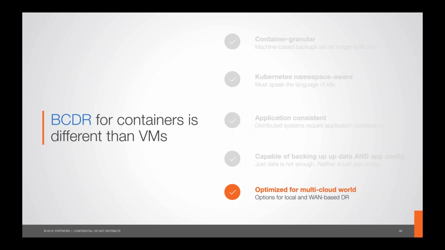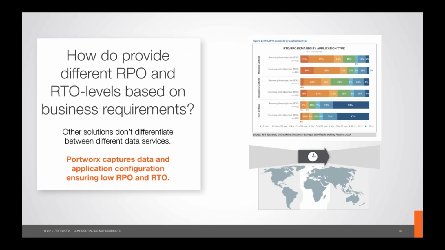Okay, so the last point, and then I want to show you a little bit about how PX Backup and PXDR solve some of these issues, is that your solution has to be optimized for a multi-cloud world, right? Different applications run in different architectures, different data centers, and you need to be able to mix and match your RPO and RTO objectives based on your data center architecture.